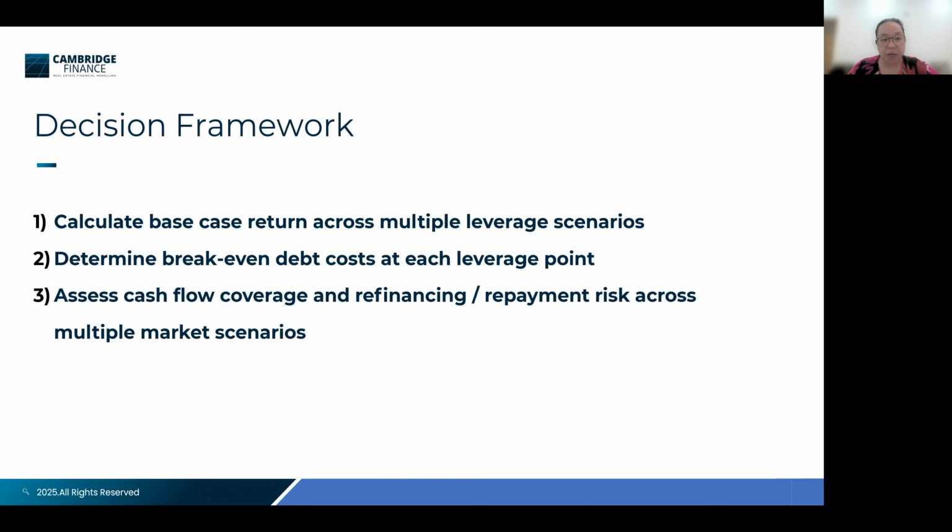Okay, and then you need to assess the cash flow coverage and refinancing repayment risk across multiple market scenarios. So the idea is that we need to test the repayment, how we're going to repay, or, if you are the lender, a bank for example, how are you going to recover the money that you lend?